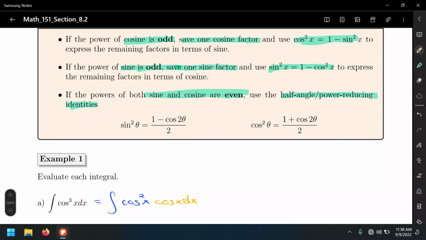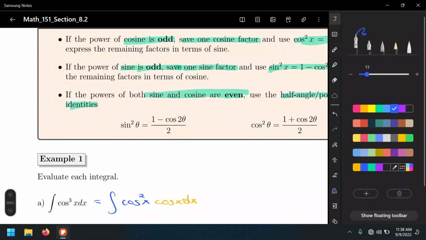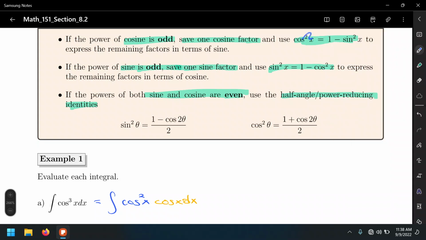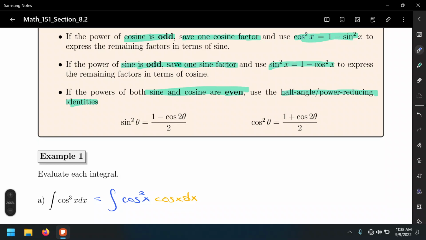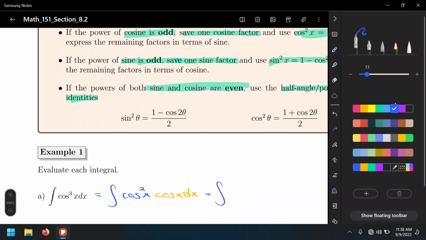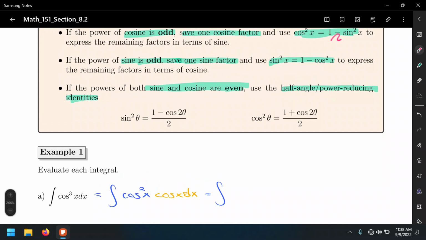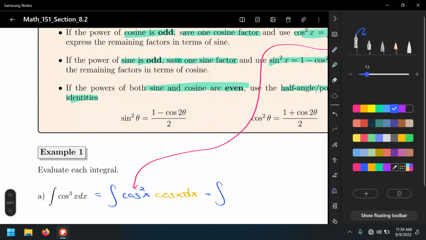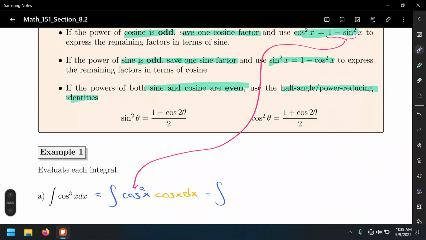Then the next step is to use the trigonometric identity, replacing cosine squared with 1 minus sine squared. Let me indicate how we are going to do the substitution. Cosine squared will become 1 minus sine squared.